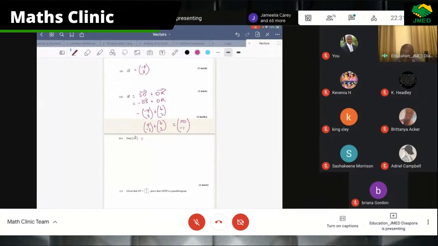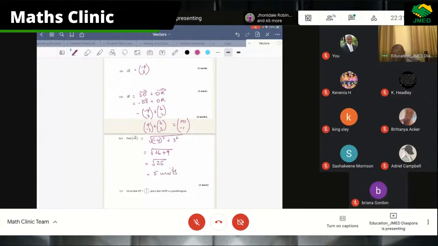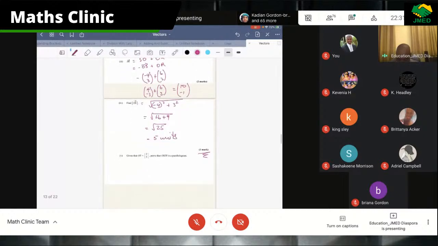So OS would be the square root of -4 squared plus 3 squared, which is equal to the square root of 16 plus 9, which is the root of 25, which is 5 units. Okay? So one more question.